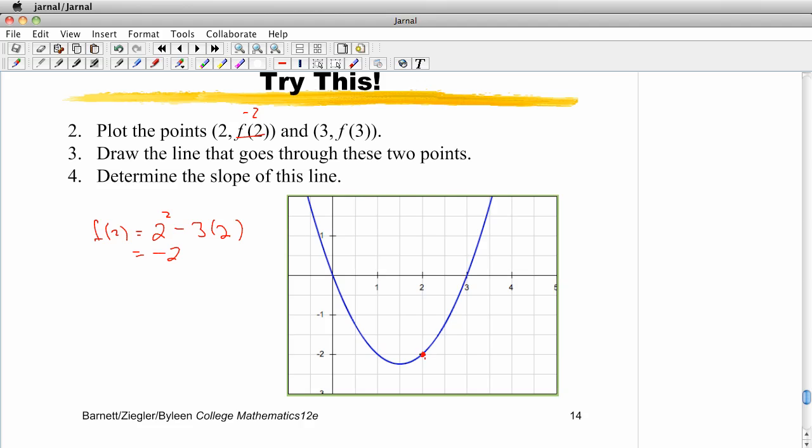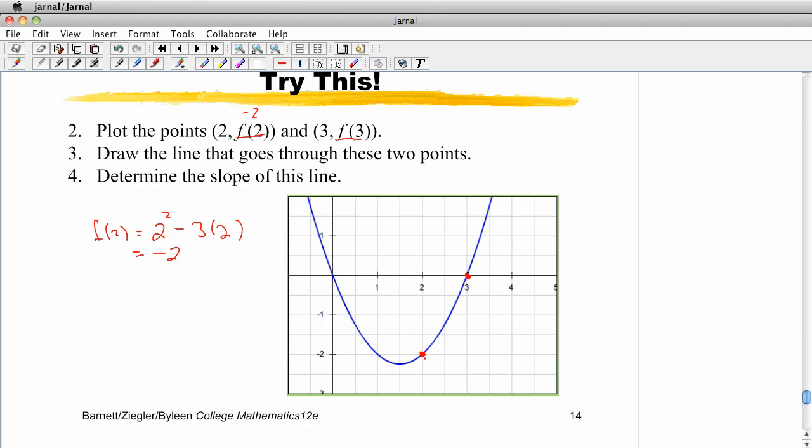But notice that it hits the curve, right? That's the whole point. The f of something tells you the y-coordinate on the curve when the x is 2. So the same thing here, 3, f of 3. Well, f of 3 is the y-coordinate on this curve when the x-coordinate is 3. And so that's right here. If I have the graph, I don't have to go back and figure these things out from the formula. The graph is a whole bunch of points already plotted, and so it's already done the hard work for me.